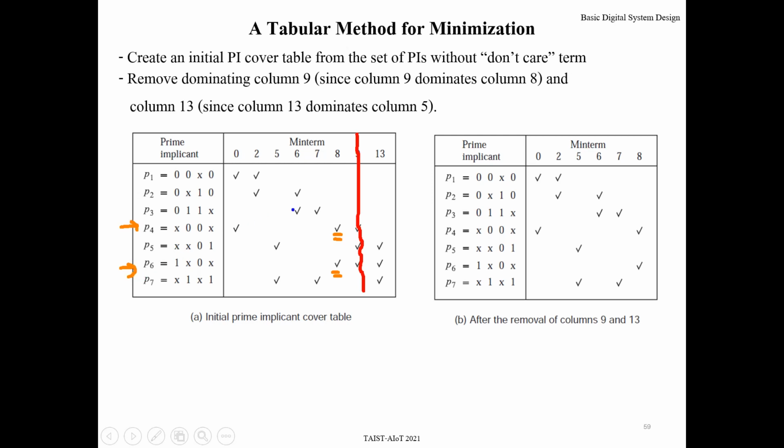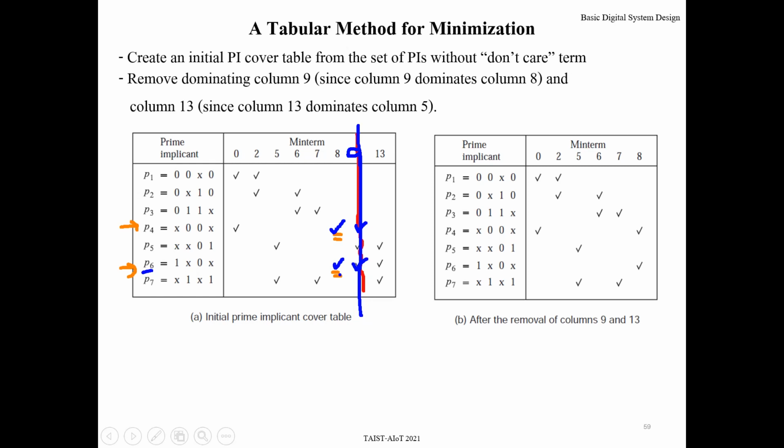If you select some prime implicant, maybe P4 or P6, it also covers minterm 9. If you select this one to cover minterm 8, it also covers minterm 9. So you can remove this and leave only column 8.